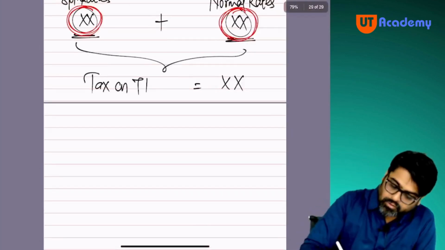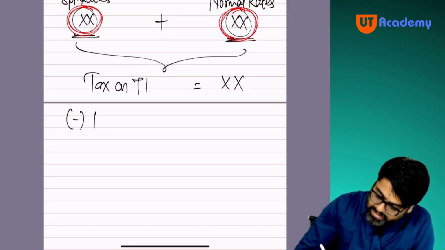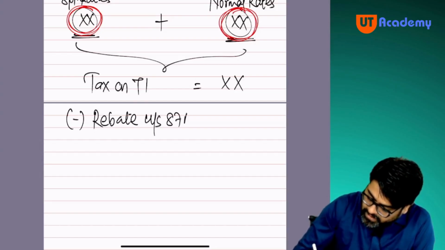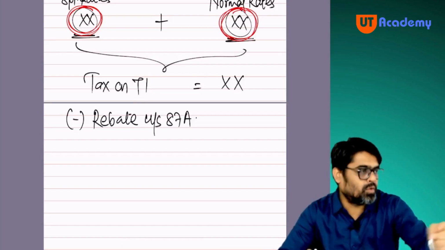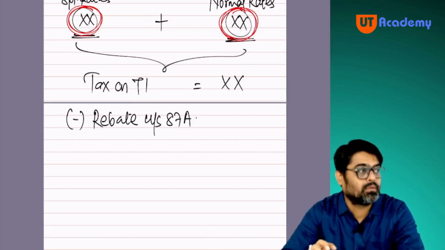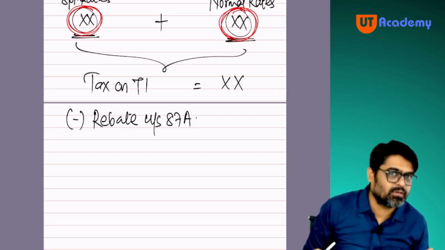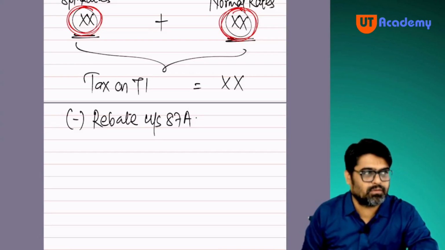Getting my point? So now, can I say rebate can also be given? Rebate under section 87A. You want to take the rebate? Do you want a discount from this tax? Hello? You want a discount, or you want to pay this much tax? You want a discount? So who will get the discount?